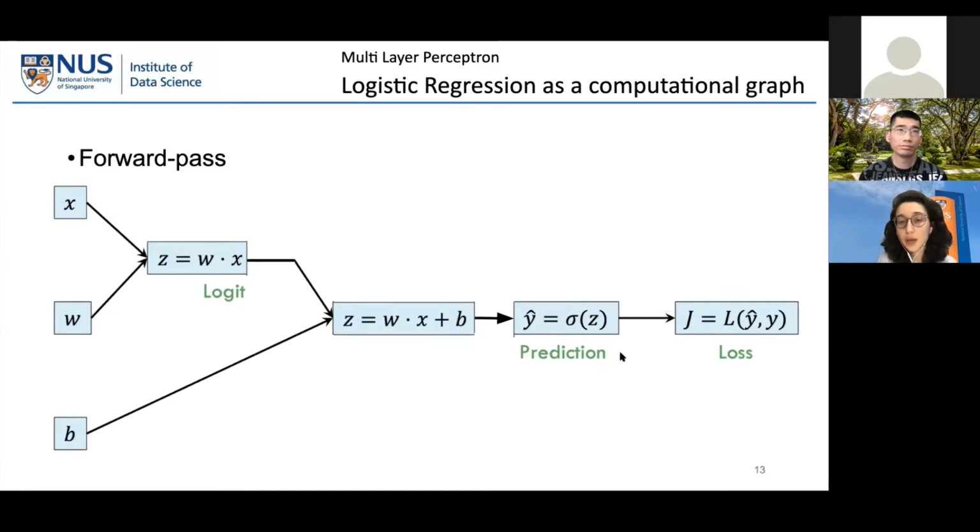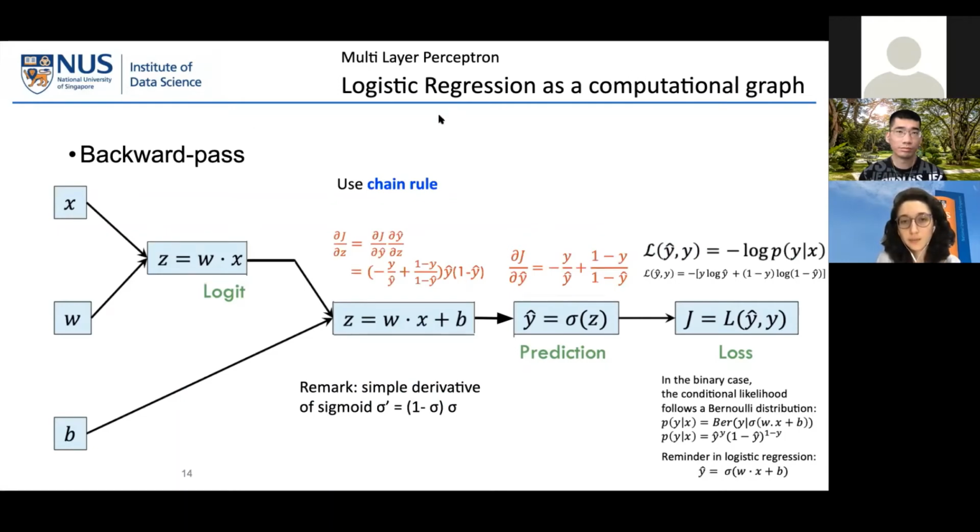And from y hat, you can then compare it with the ground truth y during training and compute the loss, compute your metric. So this is called the forward pass, from input to output to loss computation.